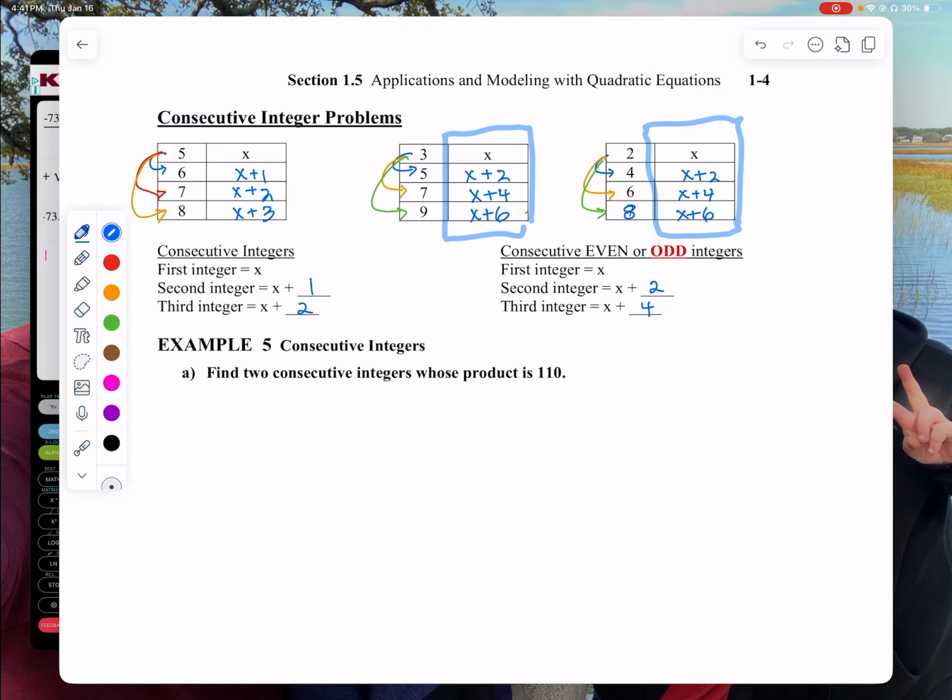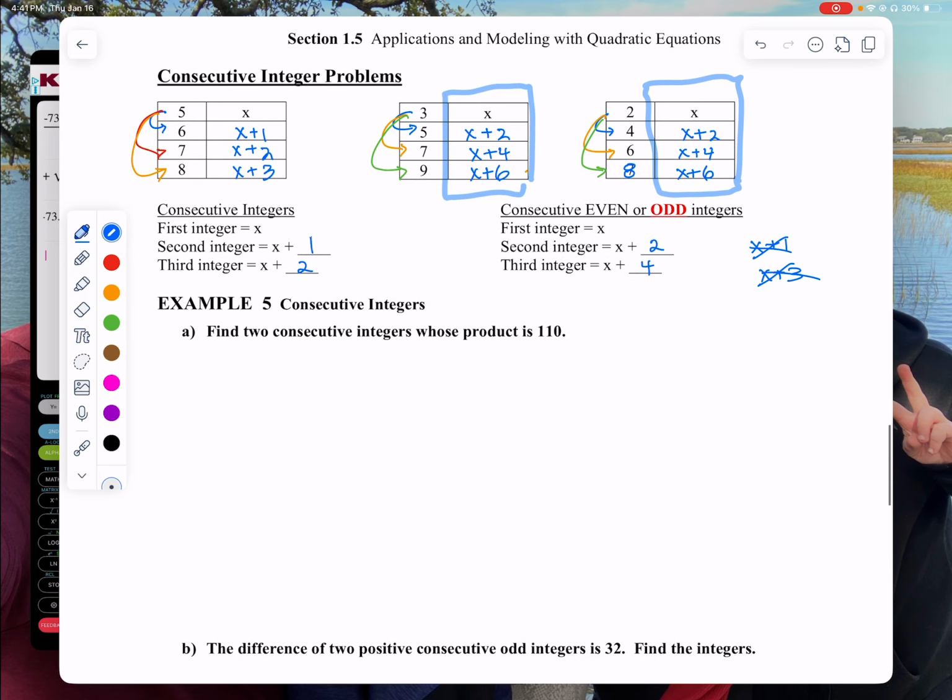Okay, but when they say consecutive odd and students put X plus 2 and X plus 4, which is correct, students get all worried and they're like, oh no, that's not odd. So I'm going to say X plus 1 and X plus 3. That does not work. Okay, so no matter whether it's even or odd, you're going to write down the X plus 2, X plus 4, X plus 6.